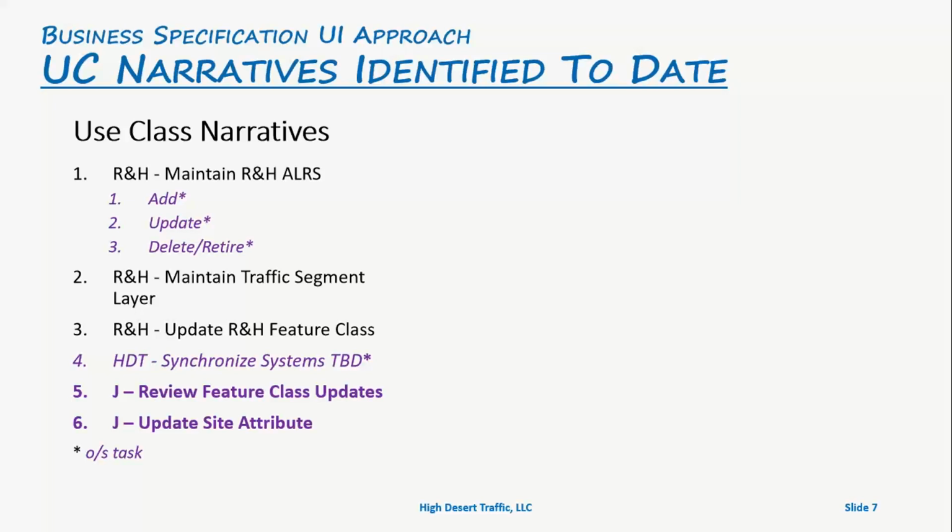So nothing set in stone, but anything with the asterisk is incomplete or outstanding tasks, and anything in black 1 through 3 is going to be done in roads and highways, and anything in purple 4 through 6 will be done in Jackalope. Add, update, delete, retire under number 1 in the ALRS, which is Utah's, A stands for awesome.